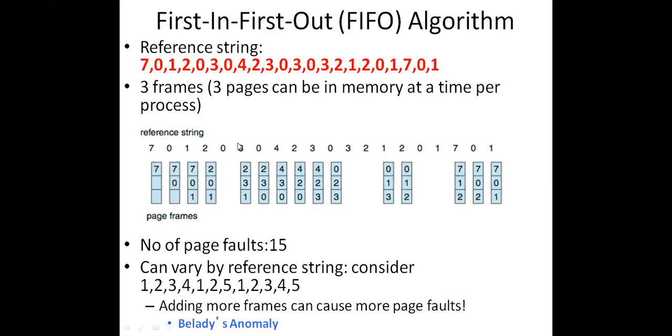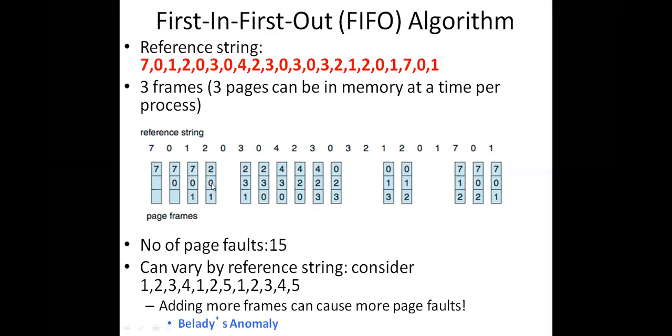After that, 3. Whenever 3 comes into the picture, there is a page fault. Why? Because we require the third page, but page number 3 is not available in the main memory. So at that time, either you take out 2 or 0 or 1 from the main memory and bring in the third page.